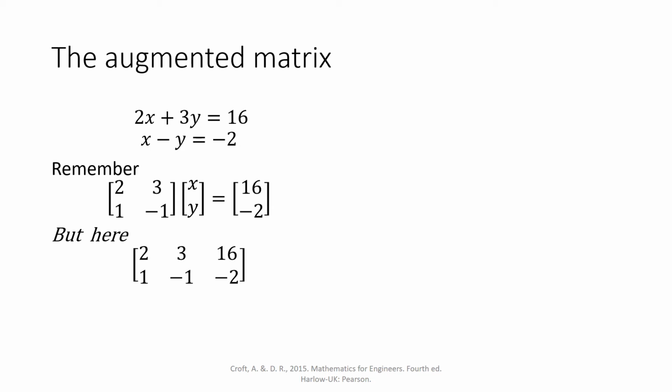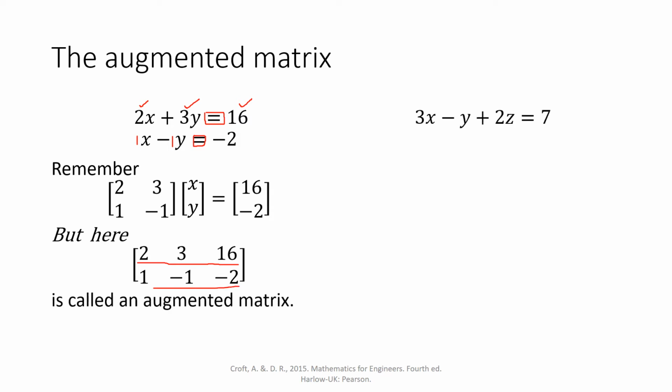When we remove the equality symbols and take the coefficients 2, 3 and 6, it gives us the first row. The same way, removing the equality symbol, here it is 1, here it is minus 1, and this is minus 2, so second row. We call it the augmented matrix.